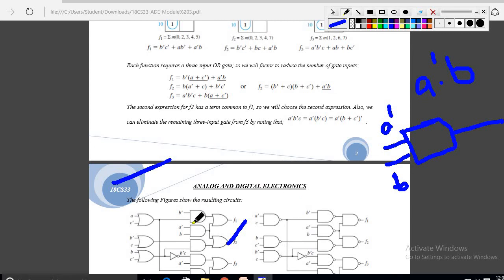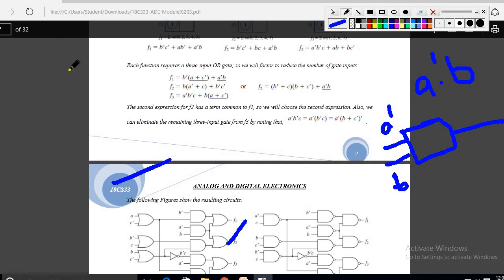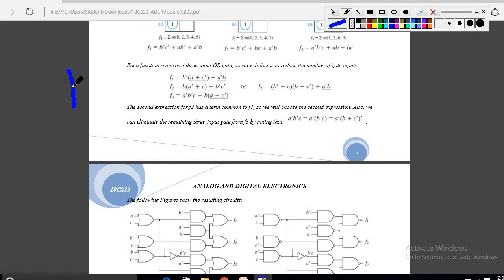So I am writing the same thing here. See here a bar b, this is first. Coming to the next part, I will write here clearly. See here one AND gate, the inputs are a bar and b. Is it clear? So this is finished.